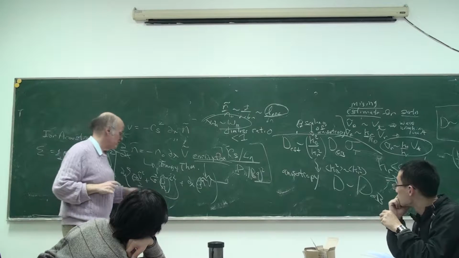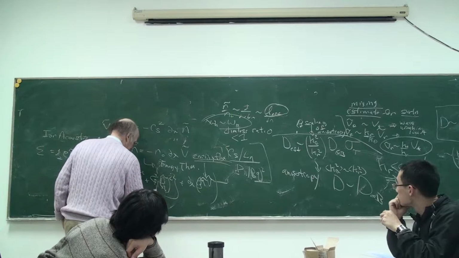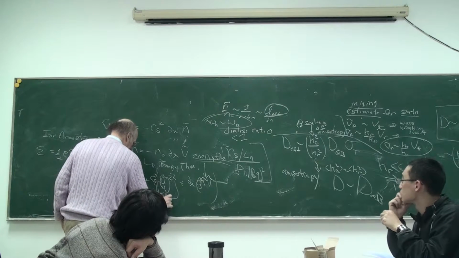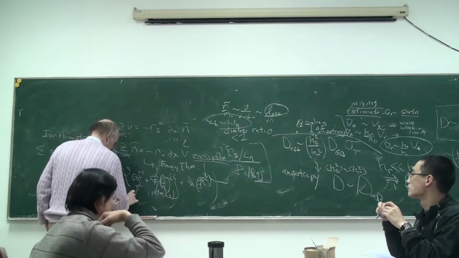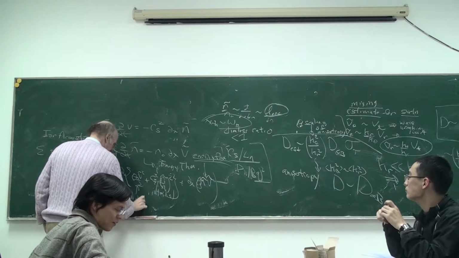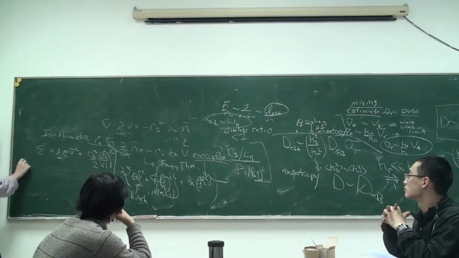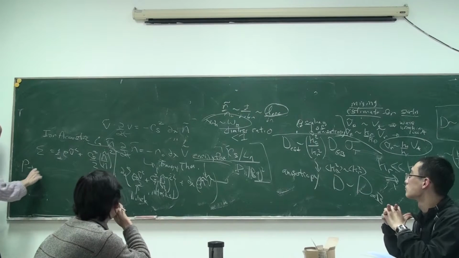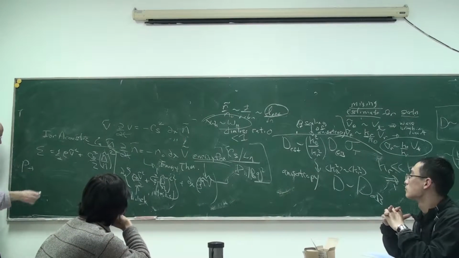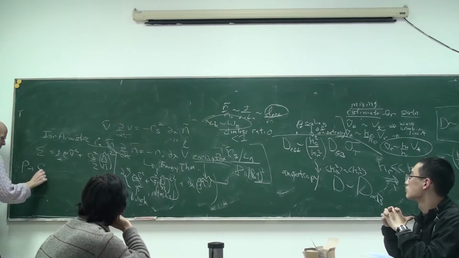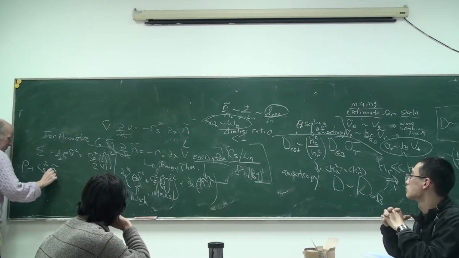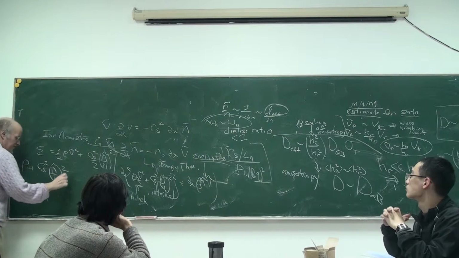I call this an internal energy, and this is a kinetic energy. It's an internal energy in the sense that it goes essentially as a pressure, only it has to be quadratic, so it's c sub s squared times n tilde over n naught squared.